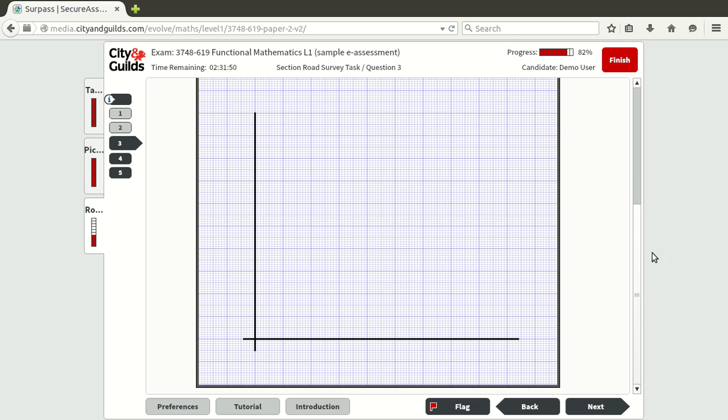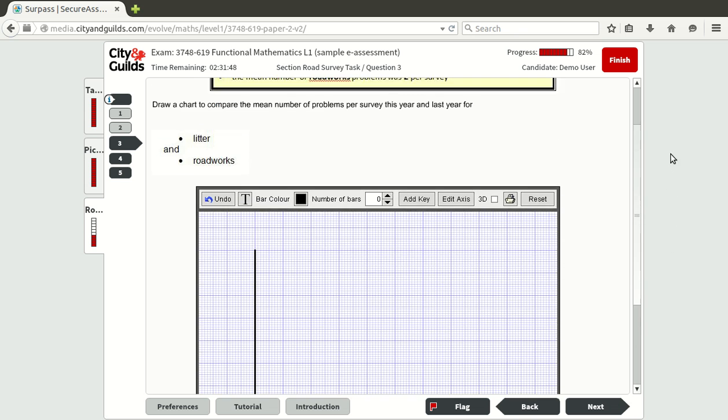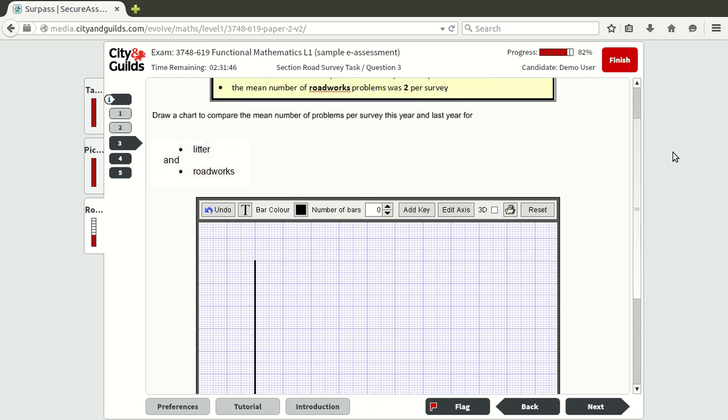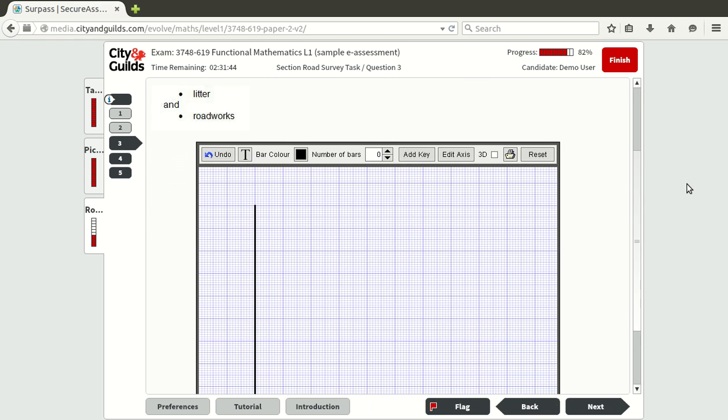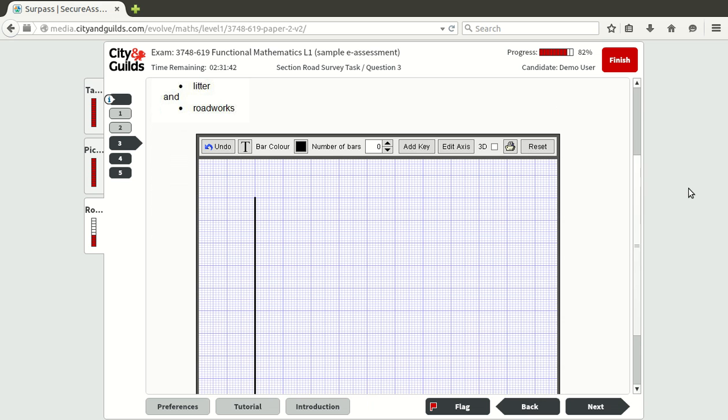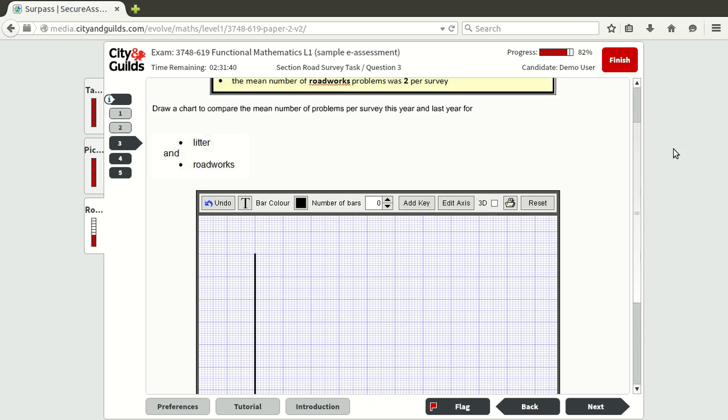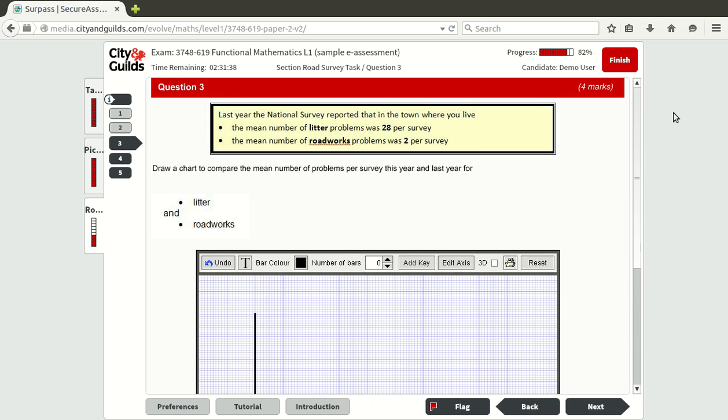So this is what it looks like, just a blank graph sheet. Now we need to have four bars, because we're comparing four things. So let's start. I'm going to make 4 bars.